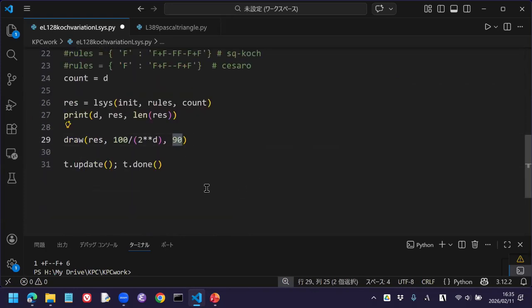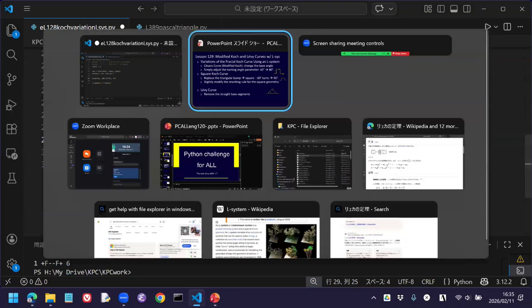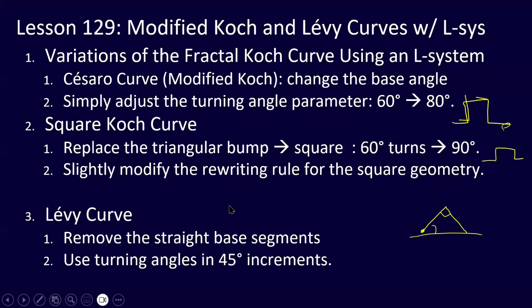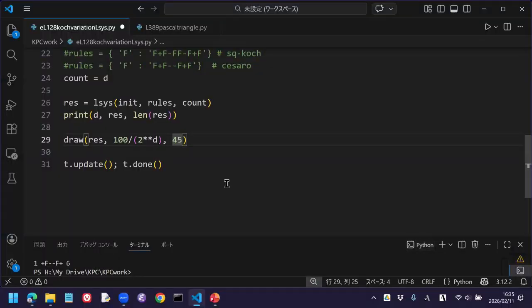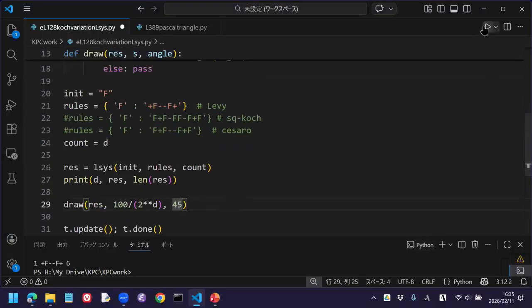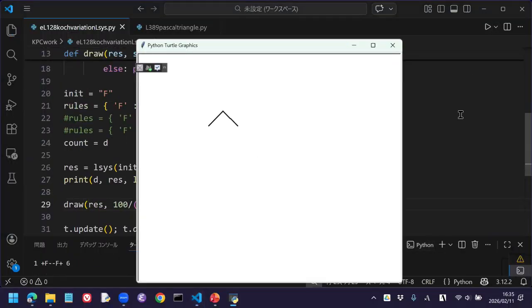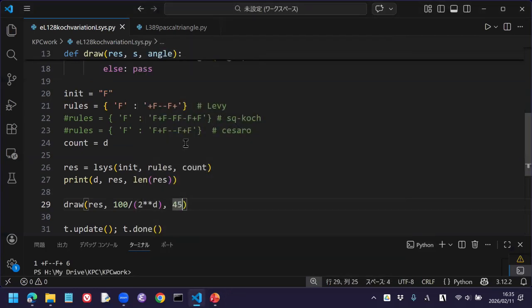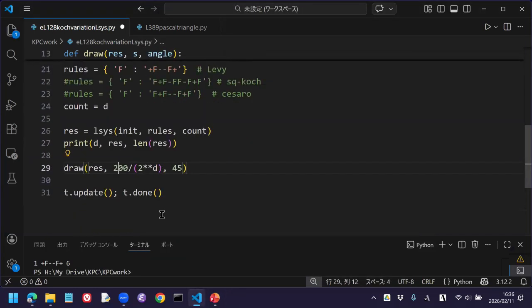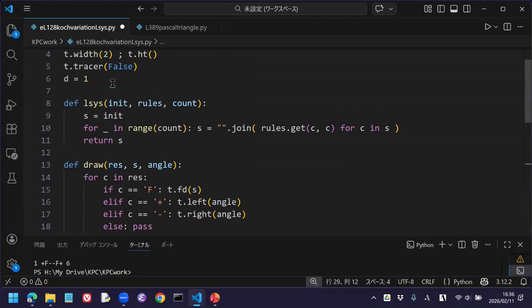Instead of 90, we have to change it to 45. Okay? Yeah, each unit is 45. Sorry. So let's see how it looks. Okay, this is level 1. We can change it to 200. Level 2.